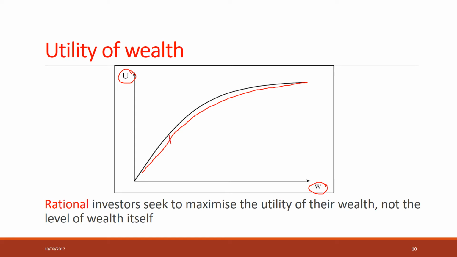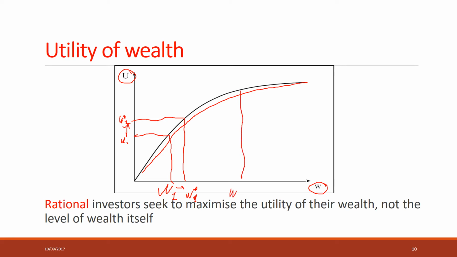So at a very low level of wealth, say we are standing here, W1. If we move from W1 to W star 1, our utility increases by this much, yeah? So from U1 to U star 1. However, if we are standing here, if we are already very wealthy, right?